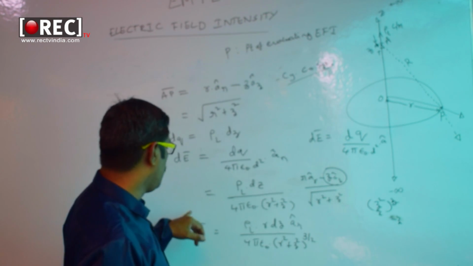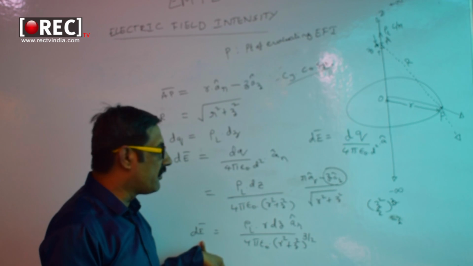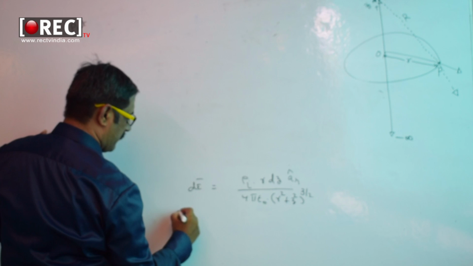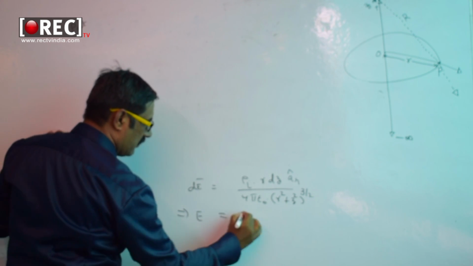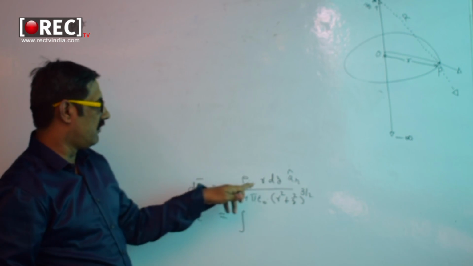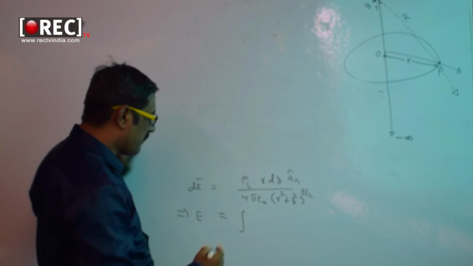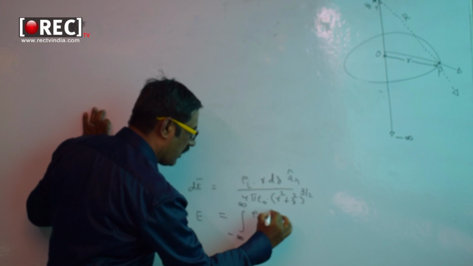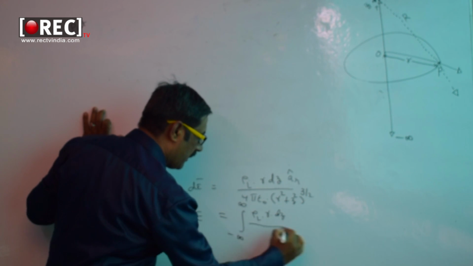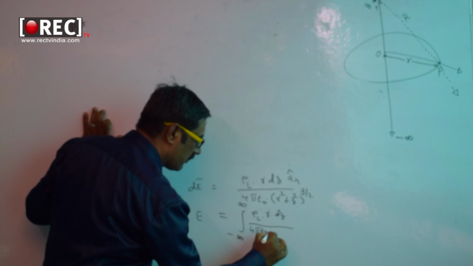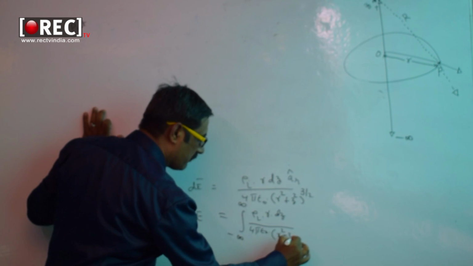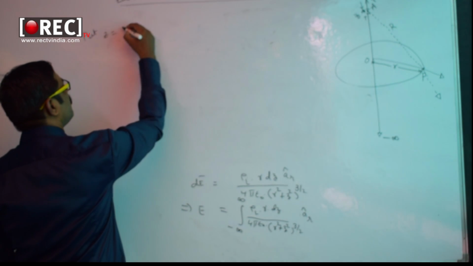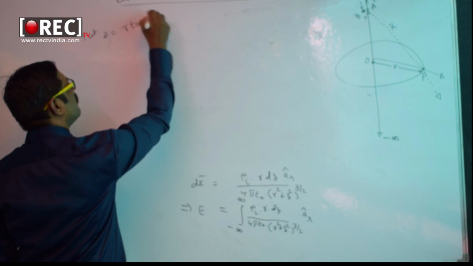Now we need to evaluate E by substituting the limits for Z. So from this I can get E is equal to the integral, where the variable of integration is dz, which is varying from minus infinity to infinity, of rho L into R into dz by 4 pi epsilon naught into R square plus Z square to the power of 3 by 2. Let us substitute Z equal to R tan theta.